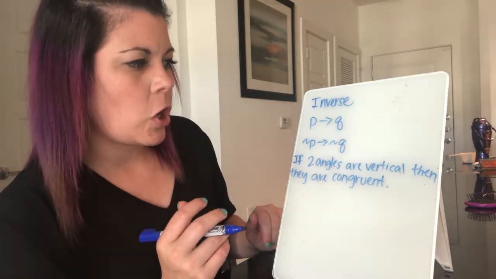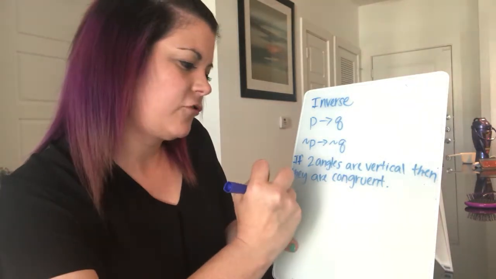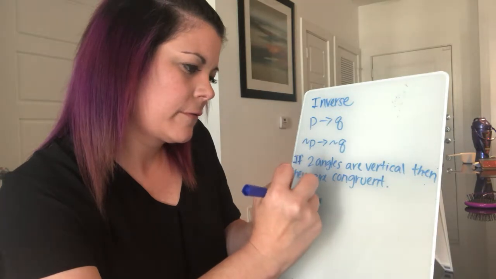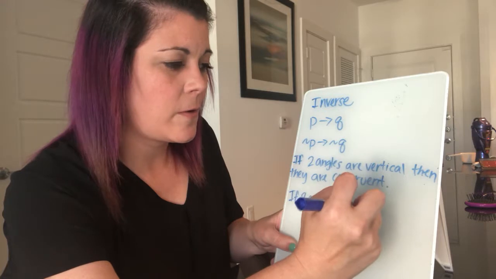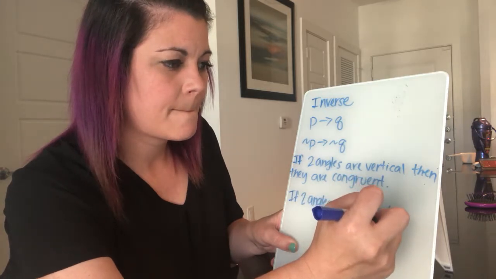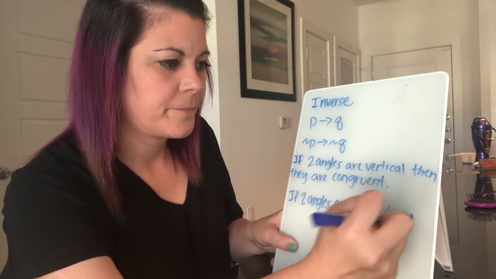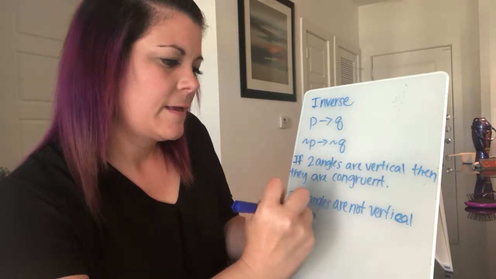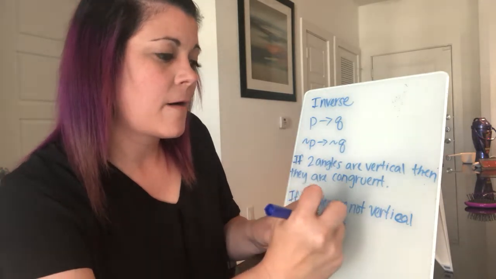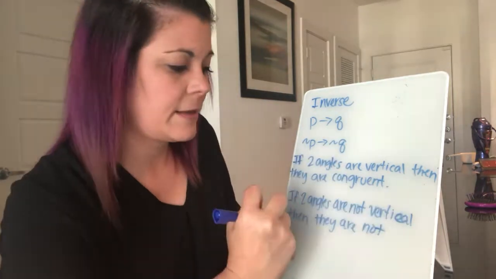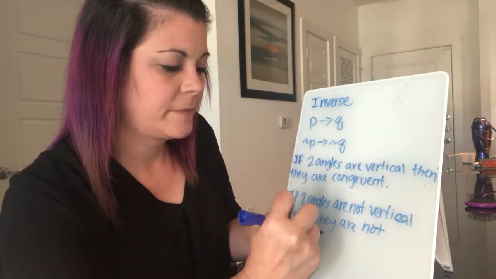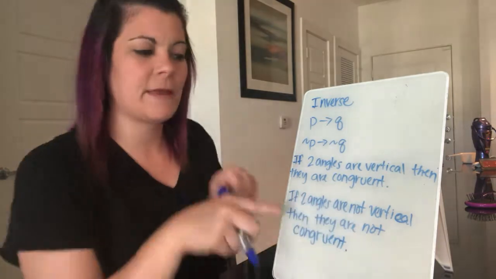So we would say if two angles are not vertical, then they are not congruent, because we have to take the opposite of that second part too. And they are not congruent. So this would be the inverse.